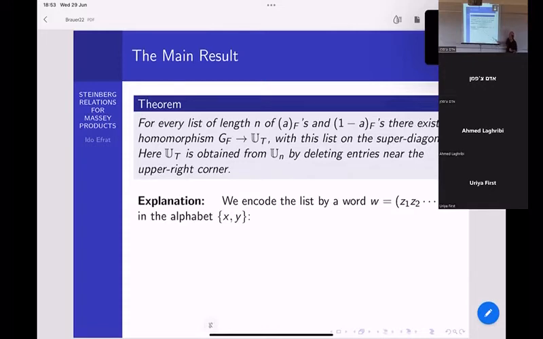Okay, let me be more precise now. It's convenient to encode your list by a word W of n letters, Z1 to Zn.